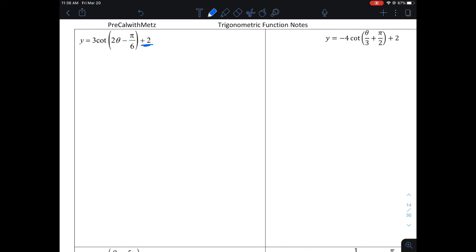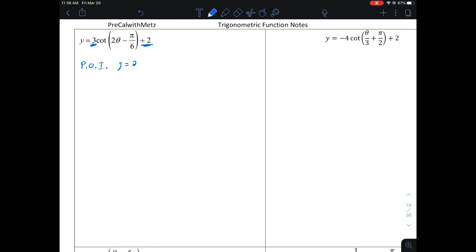That is where tangent and cotangent, what would be called the midline for sine and cosine, is the location of the points of inflections. So I say points of inflections are going to happen at y = 2. And I'm going to apply the vertical stretch.